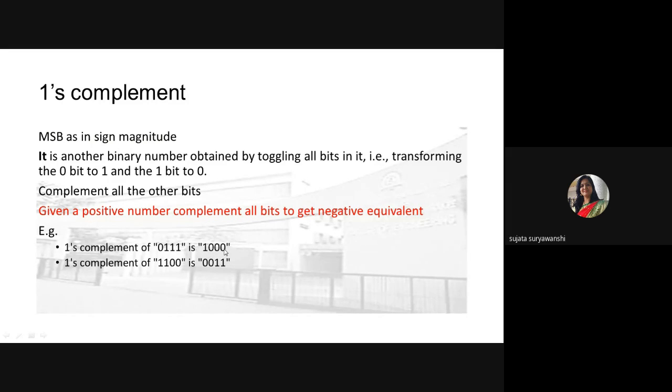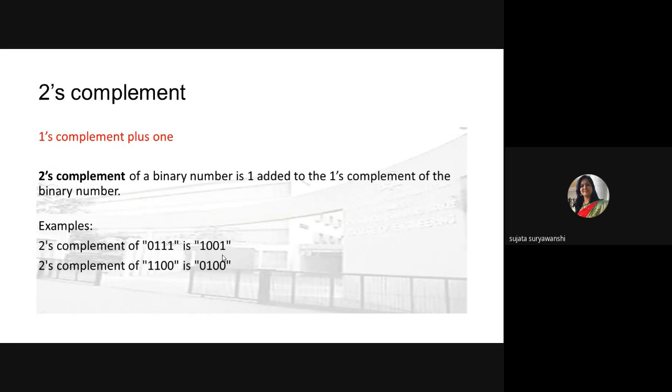And after getting the 1's complement, you simply have to add 1. But where to add 1? You have to add 1 into the LSB bit of your 1's complement. Okay, so 1 is added, then you'll get the 2's complement, that is equal to 1001.